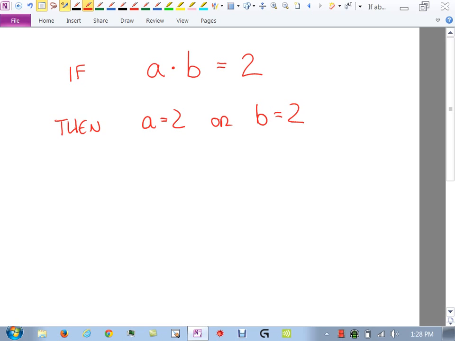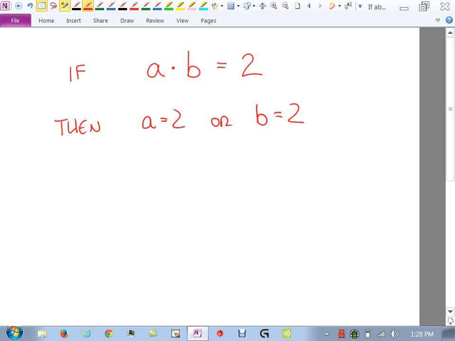So does the zero factor property work here? Can anybody give me an example of two numbers that multiply to be 2 where neither one of them is 2? It's not a trick question.